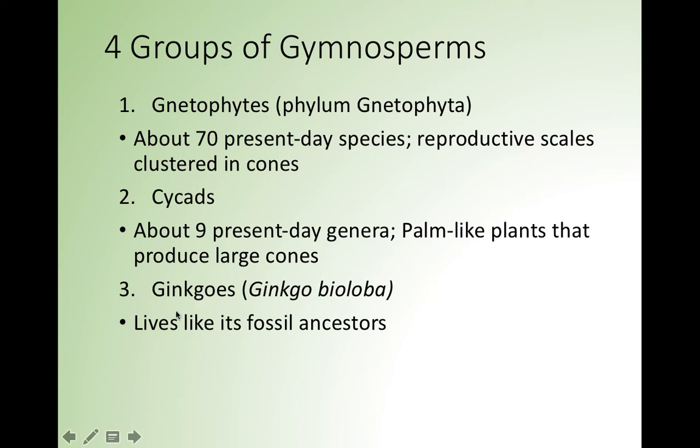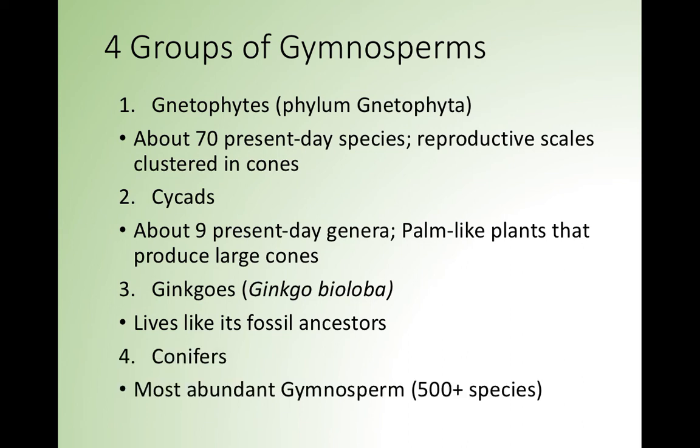And ginkgos are really tough and can do really well in polluted areas, which is why a lot of times heavily polluted cities use them to plant, because they can do well in places that have a lot of smog and things like that. They're really good at surviving in those environments.